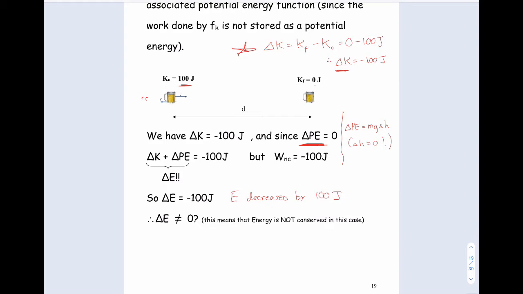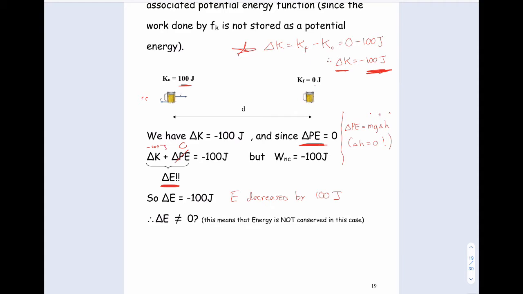The change of potential energy is always mg times the change in height. The height didn't change, so there's no mechanical, I should say gravitational, potential energy associated with this problem. So if I look at the change in energy, well, the kinetic energy change is minus 100. So there's my minus 100 joules.